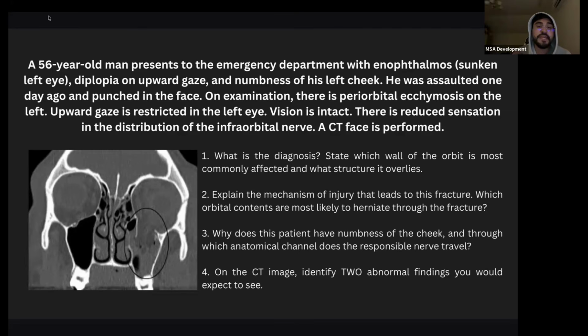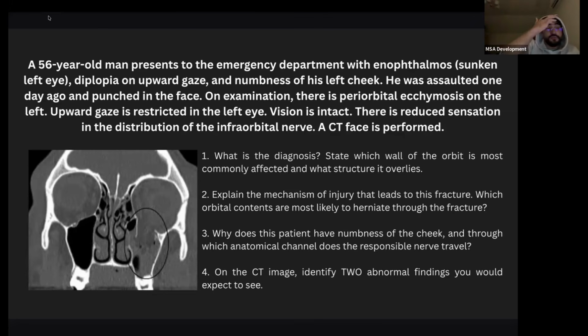On examination, there's periorbital ecchymosis on the left. There's upward gaze restricted in the left eye. His vision is intact. There's reduced sensation in the distribution of the infraorbital nerve, and a CT of the face is performed. What is the diagnosis, which wall of the orbit is most commonly affected, and what structure does it overlie?